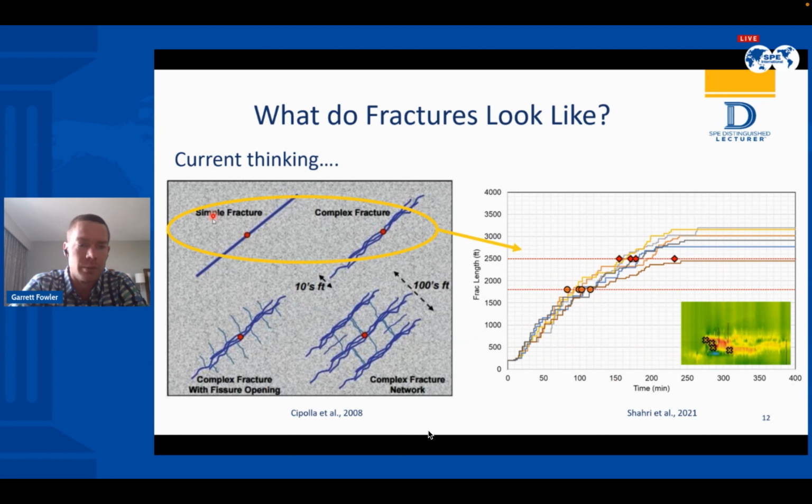And you could argue between the simple and the complex here, but largely these are propagating in the direction of SH max, or maximum principal stress. We have the modeled fracture lengths here as the lines.